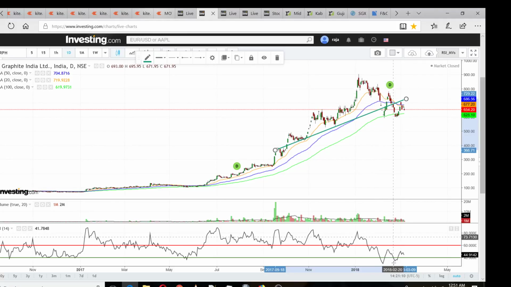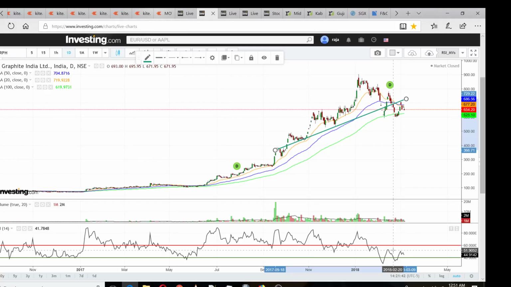There is no strength in buyers. Buyers are not strong, and that is what is pulling the market down. That is what is pulling this script price down. RSI is the relative strength index. The relative strength of bulls is getting weaker, and that's why RSI is not able to cross above this 50 level.